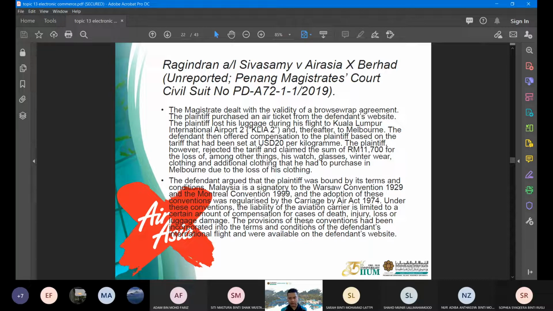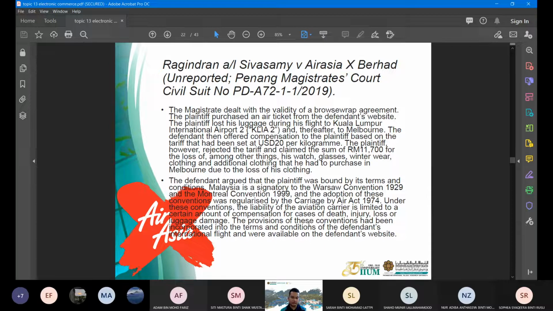So now the defendant is arguing that the plaintiff is bound by the terms and conditions of this so-called tariff. Malaysia is also a signatory to the Warsaw Convention and the Montreal Convention, which were adopted by our Malaysian Carriage by Air Act. Because of these conventions, the liability of the aviation carrier, AirAsia, is limited to a certain amount.